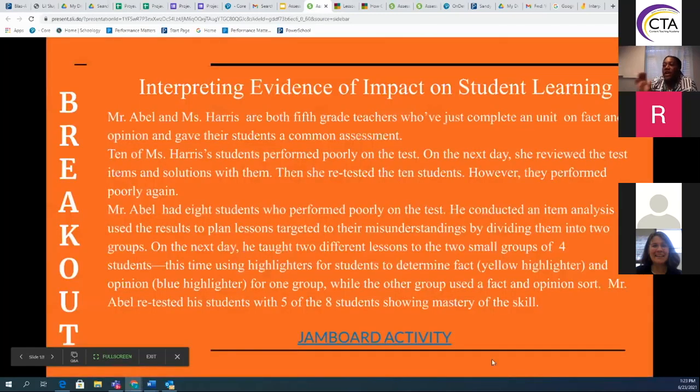All right, so we're gonna go into our breakout groups. We're gonna do this for 25 minutes, and I gave you guys a scenario. The scenario is about 2 5th grade teachers, and they have the same common assessment.